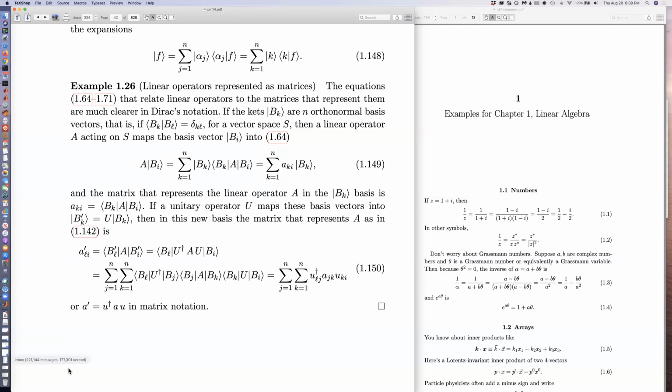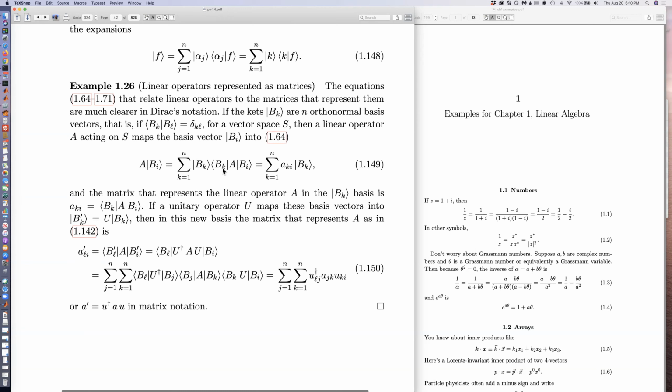Now, there was a question about 1.49 holding only when k equals l. What is k equals l? I don't see k equals l. You're summing over k. We're summing over these outer products b_k. So in other words, what we're using is that the identity operator is a sum of ket b_k times bra b_k.